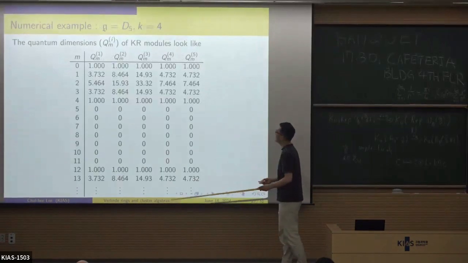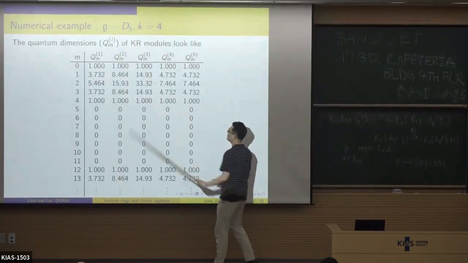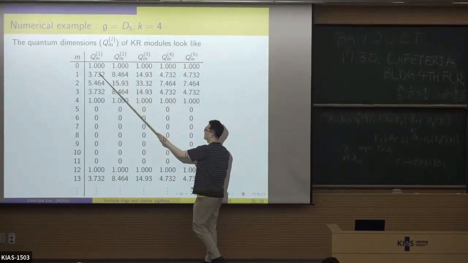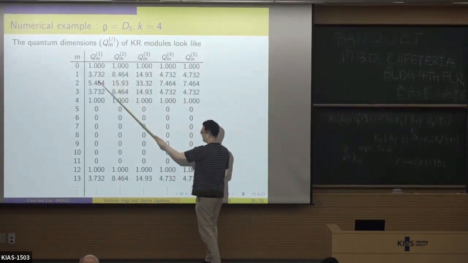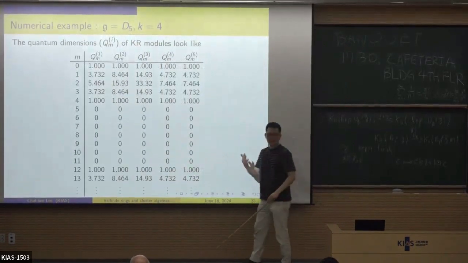So let me show you an example. This is an example of type D5 and level 4. If you compute the quantum dimensions of the Kirillov-Reshetikhin modules, there are 5 columns because there are 5 vertices in the Dynkin diagram.